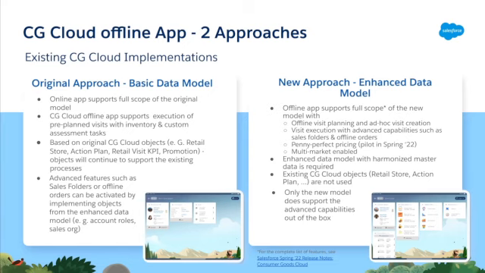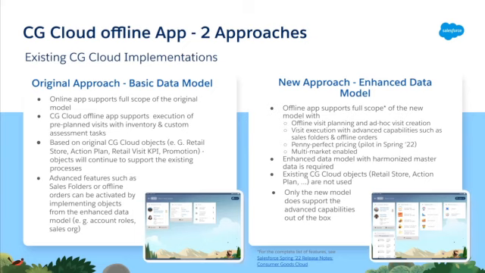For example, offline orders, including penny perfect pricing, which is for the moment pilot in spring, but in a couple of weeks, this feature will go GA. This supports out of the box multiple markets on the same Salesforce work. And the new approach is based on the enhanced data model, where we have harmonized master data, product 2, for example, account, product assortment, and visit.